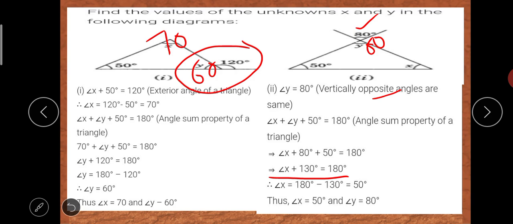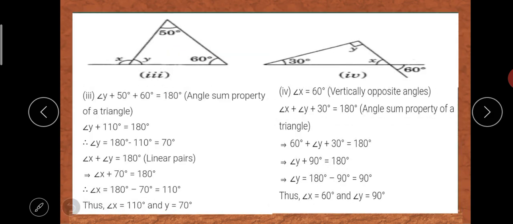We will get 50. So the value of x is 50. And the value of y we find by using the property of vertically opposite angles. So when we add 50 plus 50, 100. 100 plus 80, 180. So our answer here is correct.